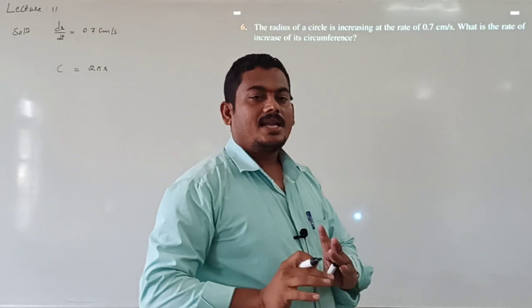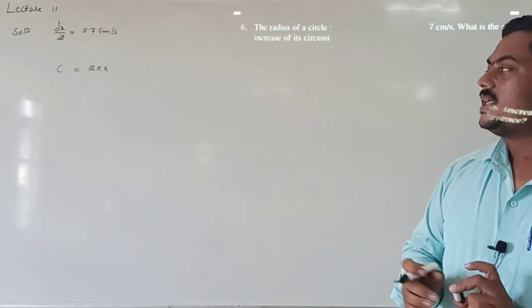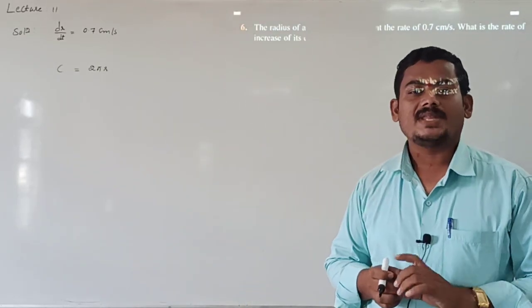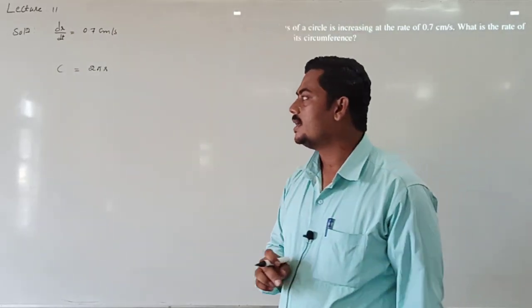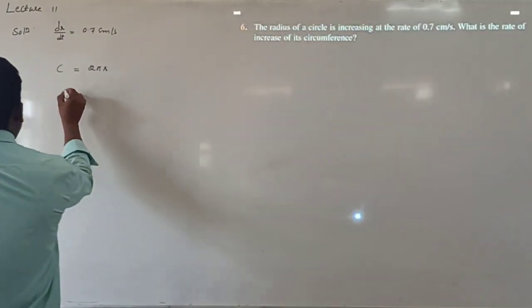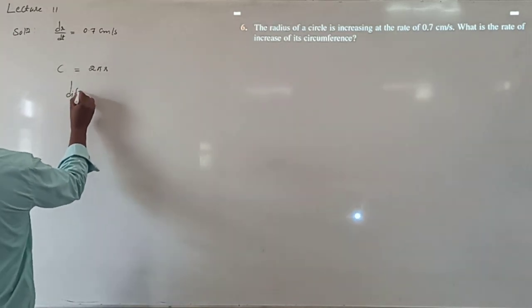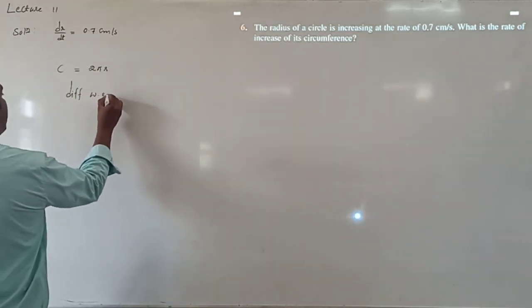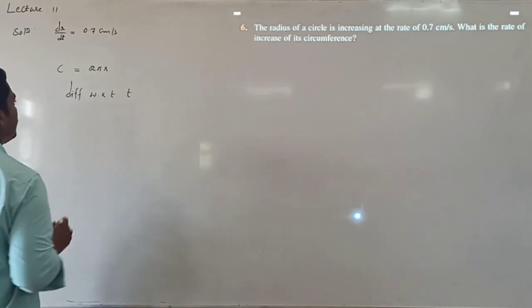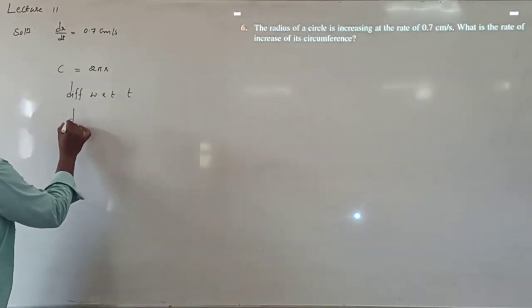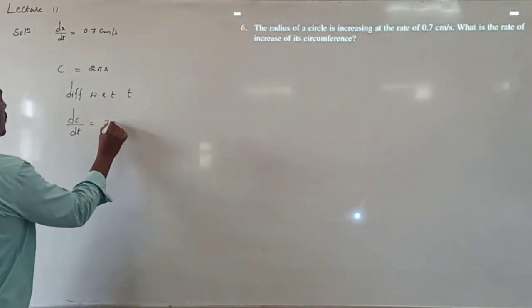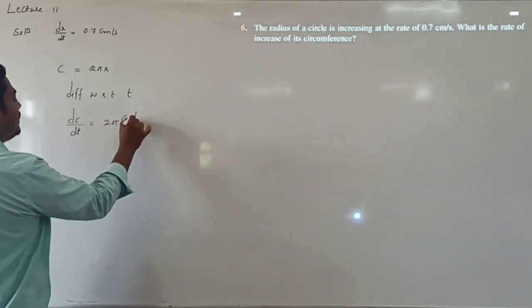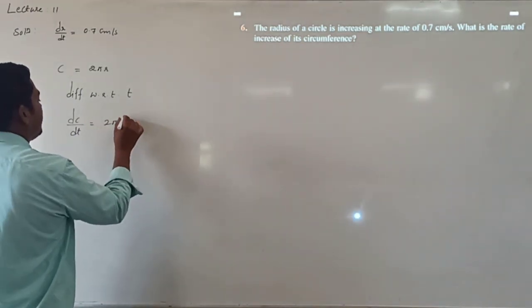The radius of the circle is increasing with time, then its circumference also increases with time only. So differentiate with respect to t. If you differentiate C with respect to t, then you get dC by dt. 2 pi constant as it is, r differentiation is dr by dt.